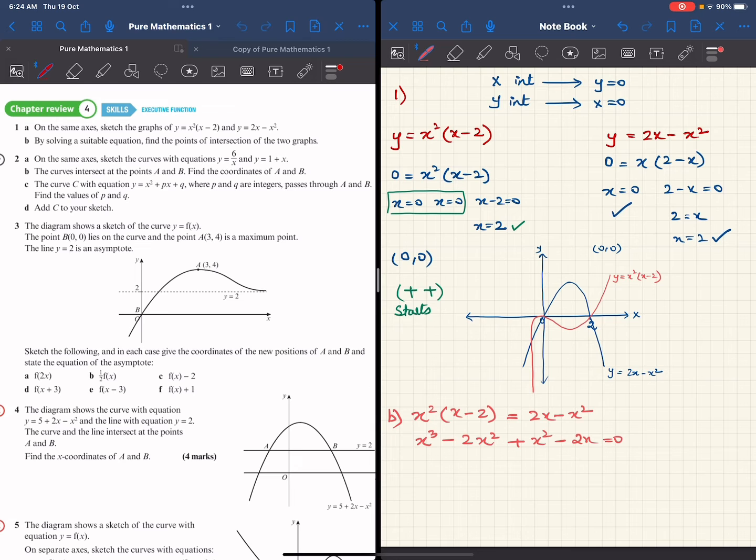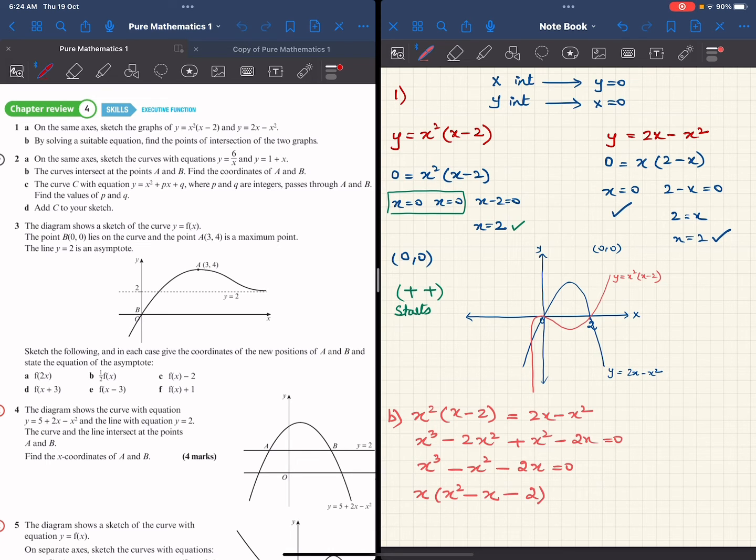So we got everything on one side. We have x cubed minus x squared minus 2x is equal to 0. Now we can factorize by removing x common out. We have x squared minus x minus 2.